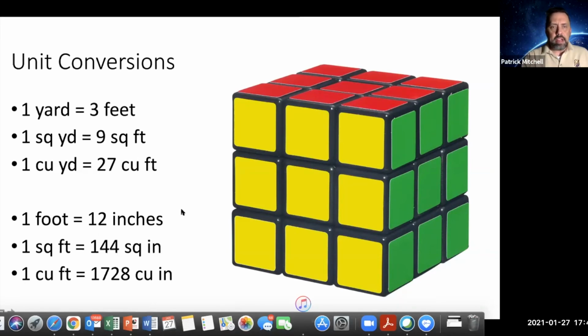And then a cubic foot, which would be one of these little cubes, divided into much, much smaller cubes, there would be 1,728 of them because that is 12 times 12 times 12. So when you realize that this is just 3 squared, 3 cubed, and this is 12 squared, 12 cubed, it makes it easier to remember.